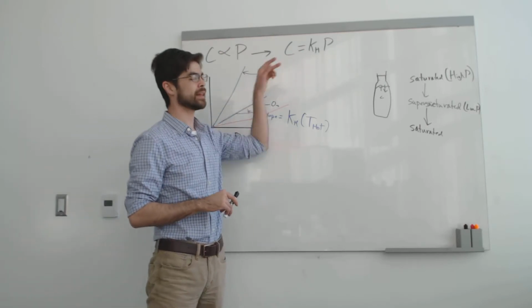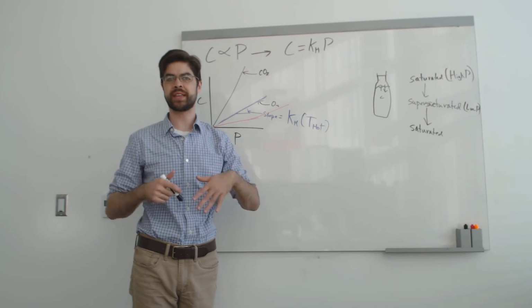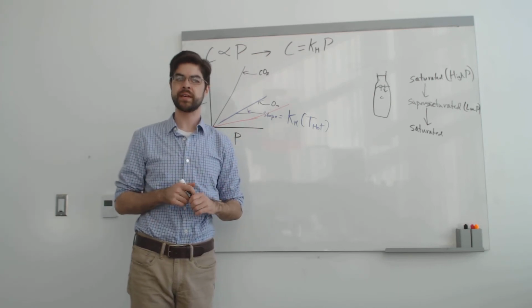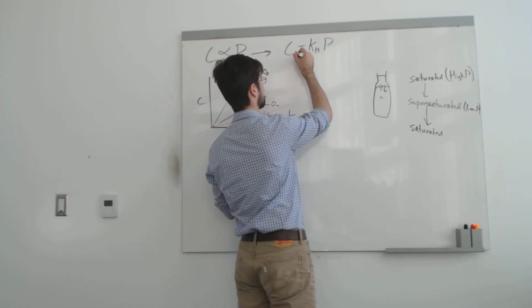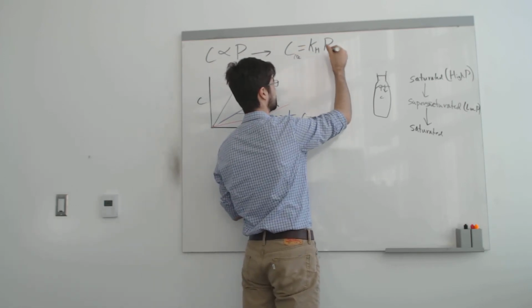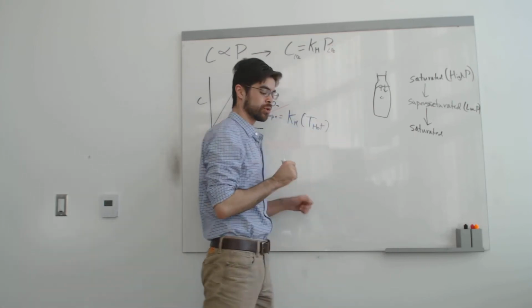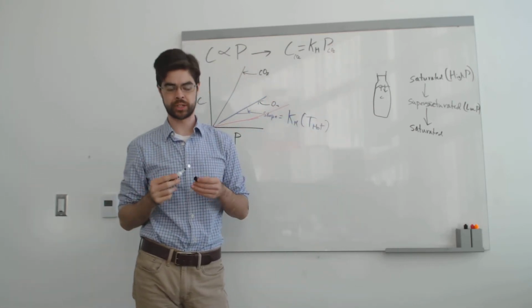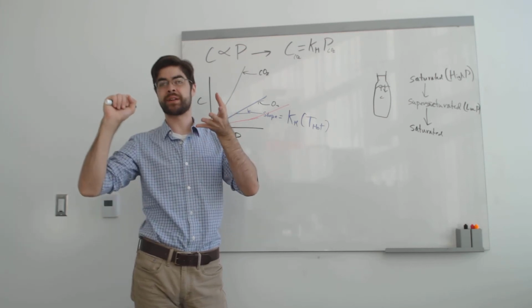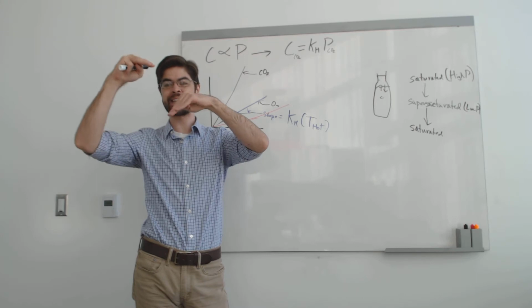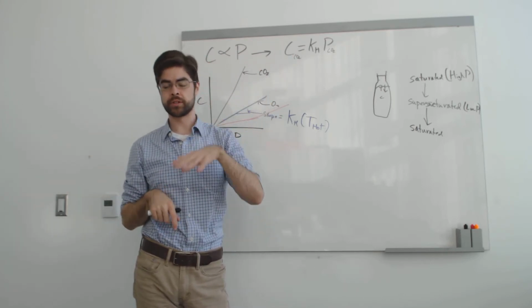I should probably clarify that Henry's law is specifically referring not just to the external pressure, but to the external pressure of the gas. So if I was dealing with something like CO2's solubility, its solubility is dependent upon the external CO2 partial pressure. So it's dependent, to some extent, upon the concentration of the solute outside of the solution.